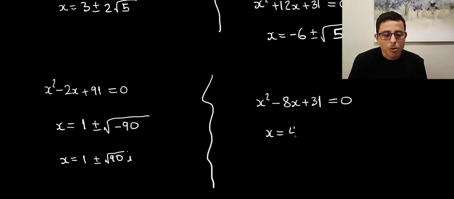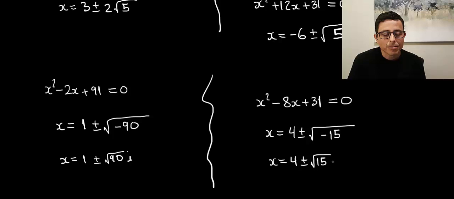This would be 4 plus or minus, and this would be 16 minus 31. So this would be negative 15. And that's it. Well, we can simplify that to 4 plus or minus square root of 15 i.